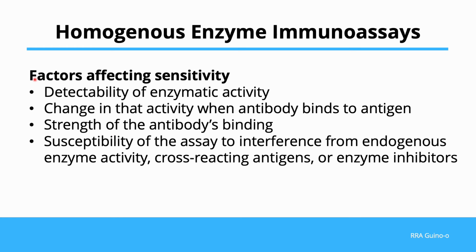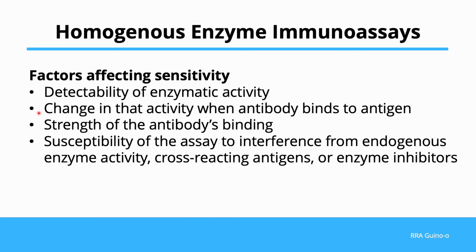There are a few factors that affect the sensitivity of our homogeneous enzyme immunoassays. First is the detectability of the enzyme activity. This refers to how strong or how weak the actual enzyme is when in solution. Next is the change in that activity when the antibody binds to the antigen.